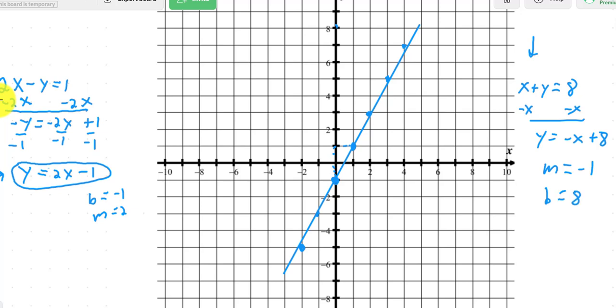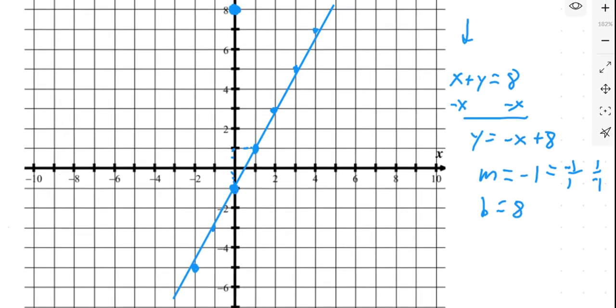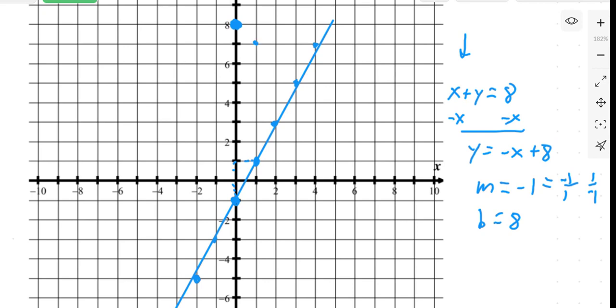So I put a point at my b, the positive 8. Remember, negative 1 is the same as negative 1 over 1 or 1 over negative 1. So my rise is down 1 over 1, down 1 over 1. These are all the points if I go down 1 and over 1. And I connect that with my line.